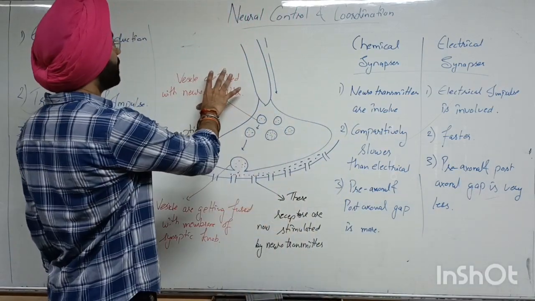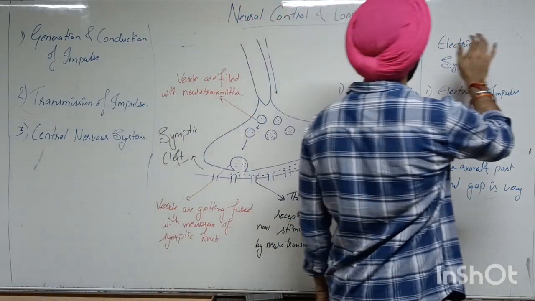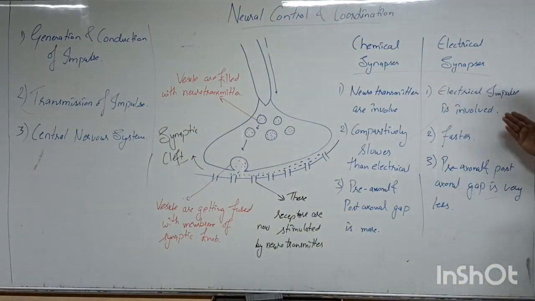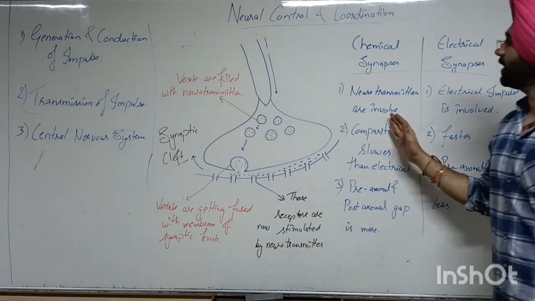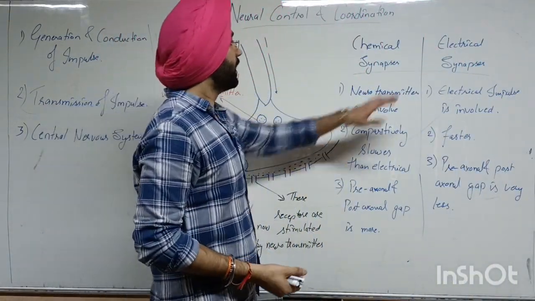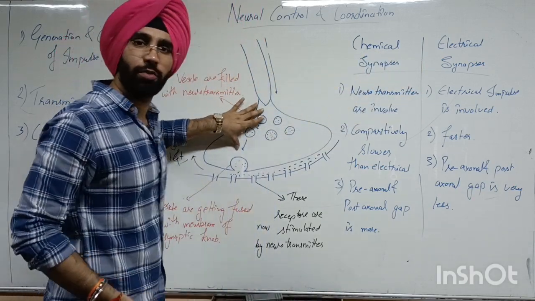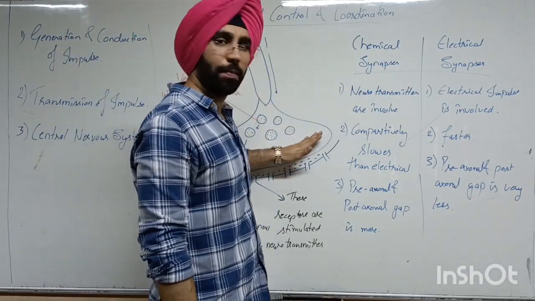So this is the example of chemical transmission, and I have shown the difference between chemical and electrical impulses. It is a little bit faster than the chemical. If I talk about electrical synapses, the transmission is like this. There is no involvement of neurotransmitter in the synaptic nerve.